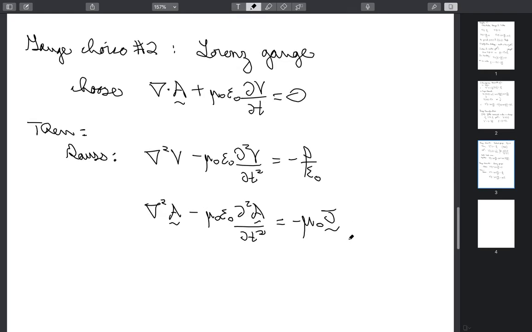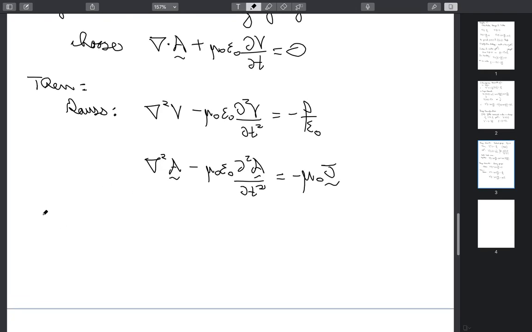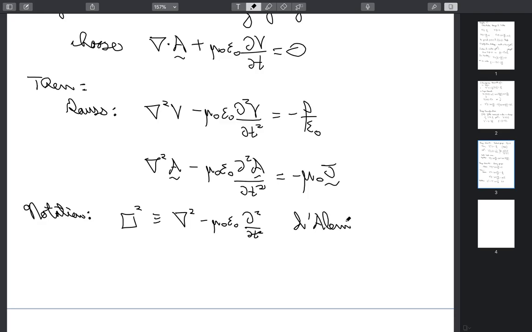Now, we can just use some simple notation here. We can define an operator, little square squared, which is by definition the Laplacian minus mu 0 epsilon 0 second derivative with respect to time. And this is called the D'Alembertian. Okay, so D'Alembert.